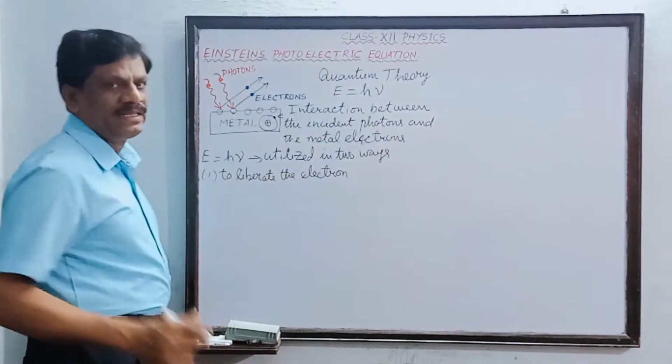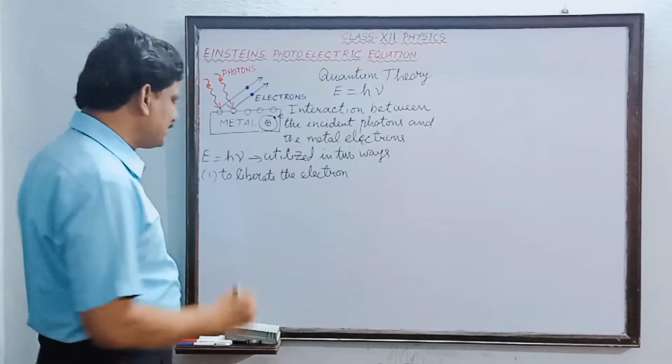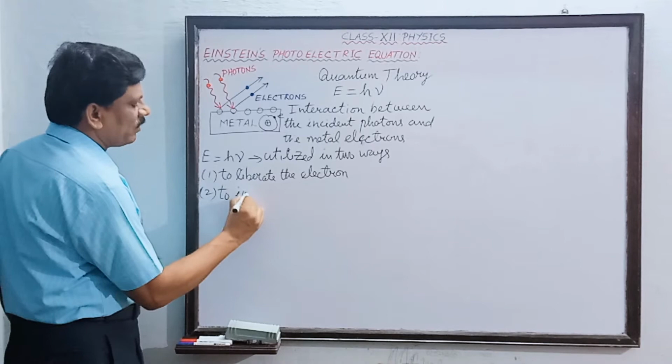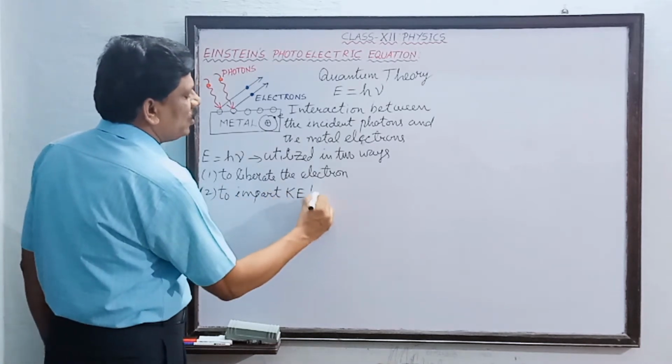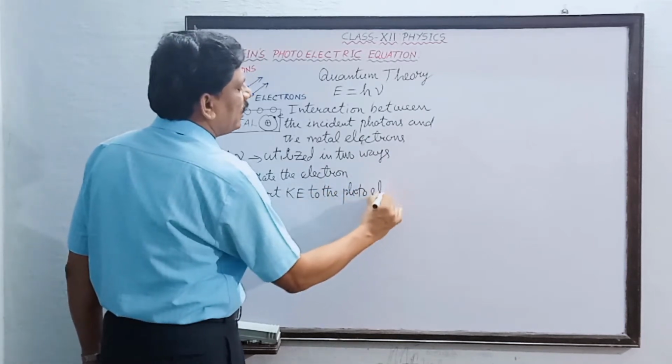Naturally, the remaining amount of energy must be imparted to the electron as kinetic energy. This is to impart kinetic energy to the electrons, which are called photoelectrons.